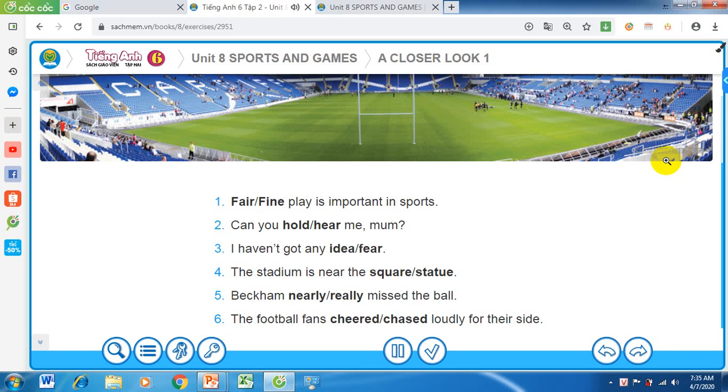Can you hear me, Mum? 3. I haven't got any idea. 4. The stadium is near the square. 5. Beckham nearly missed the ball. 6. The football fans cheered loudly for their side.